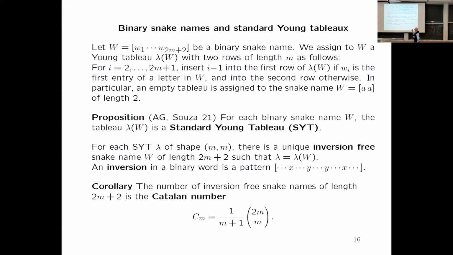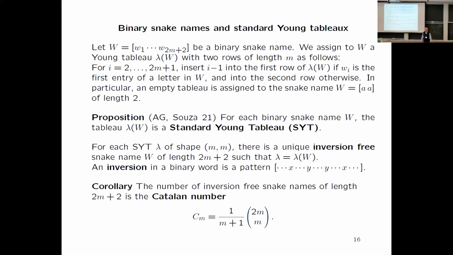And so the consequence is that the number of inversion-free or non-crossing snake names for binary snakes of length 2m plus 2 is the m-th Catalan number.